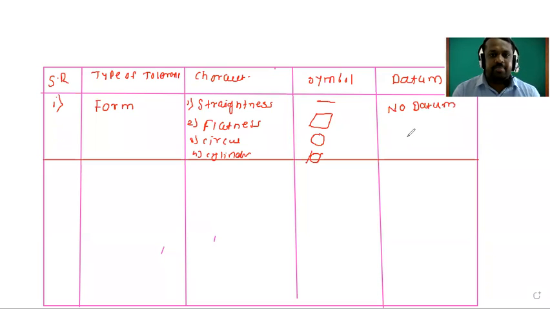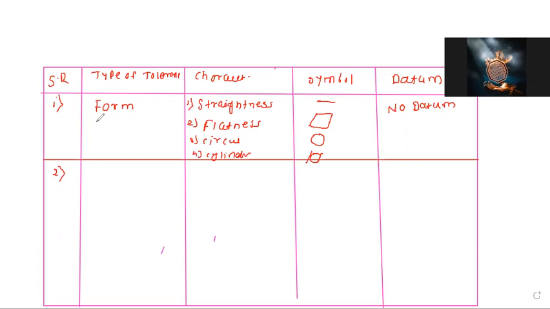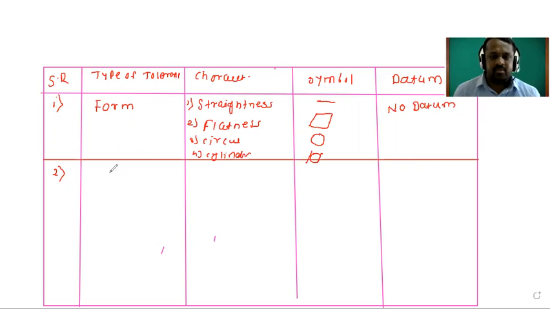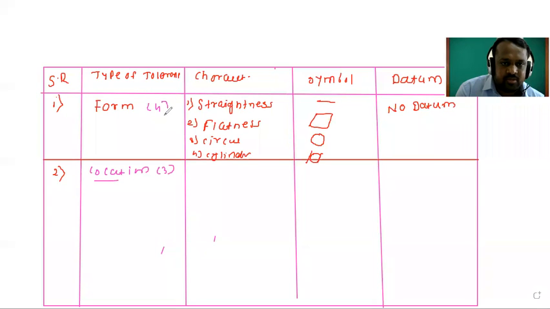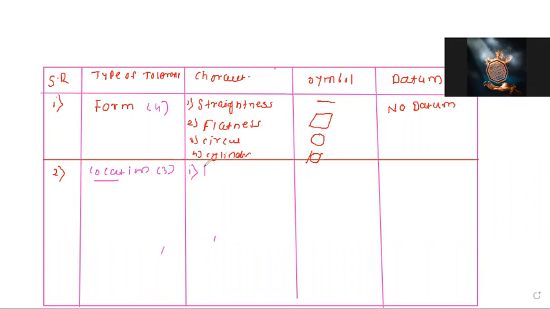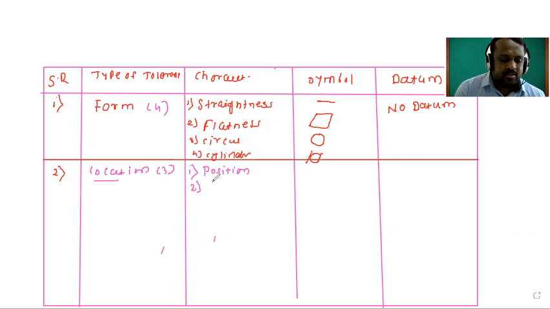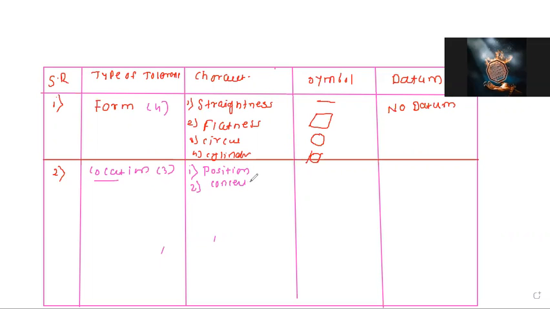No datum is required. Okay, next is Location. How many characteristics are there in location? Three: position, concentricity, and symmetricity.